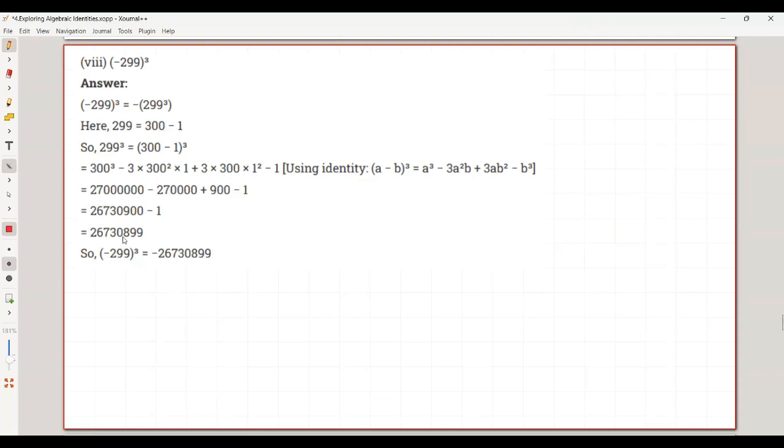So finally we are getting the answer as 1000 lakhs crore, 2 crore 67 lakhs 30,899. As minus is outside, just take the minus outside, right? So the answer is in minus. So again, the final answer is 2 crore 67 lakhs 30,899.